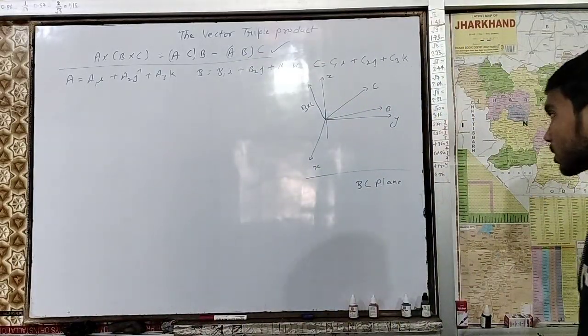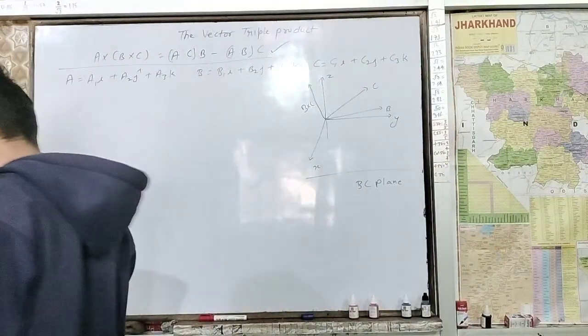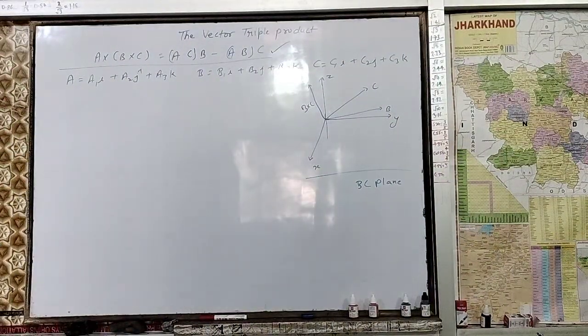Here you can see A cross is perpendicular to B cross C.